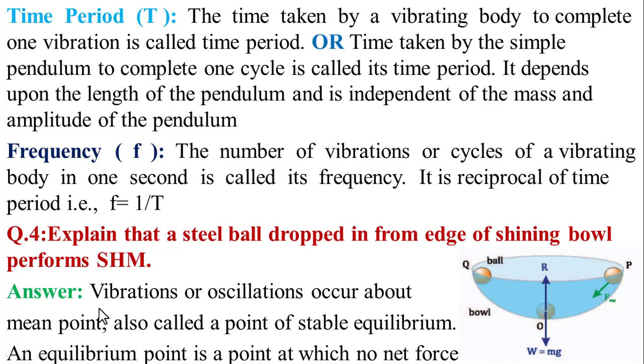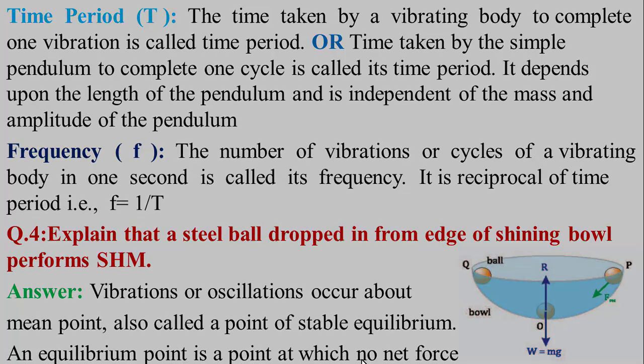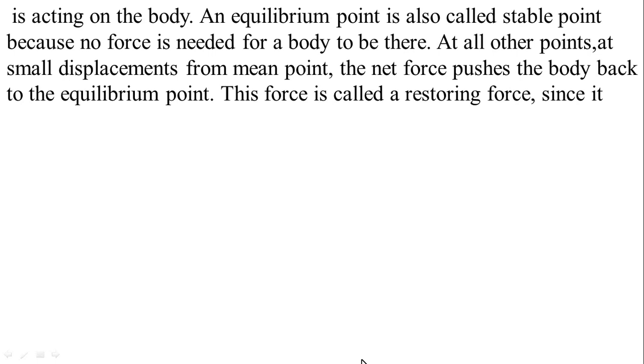Now we will discuss in detail. Vibration or oscillation occurs about a mean position, also called the point of stable equilibrium. An equilibrium point is a point at which no net force is acting on a body. An equilibrium point is also called a stable point because no force is needed for the body to be there.